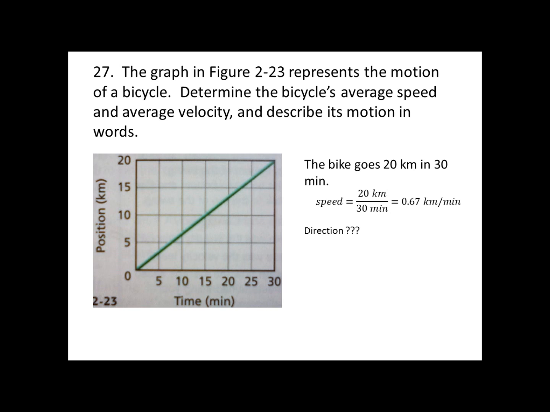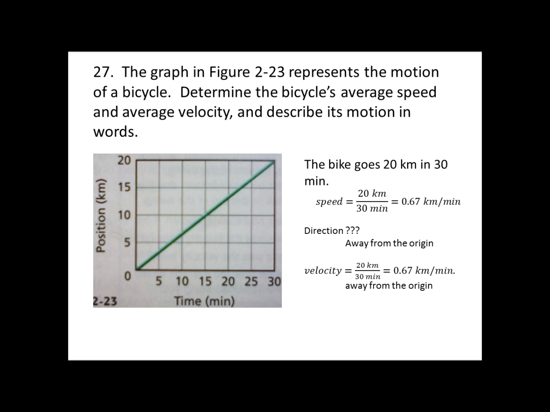Now, if we're going to answer the question, what's the average velocity, we need to figure out some sort of direction for this. They did not tell us anything about the positive D direction like they did in the previous problem. So if we don't really know what direction it's going, how do we give a direction? Well, we can always give something in a very vague term, something like away from the origin.